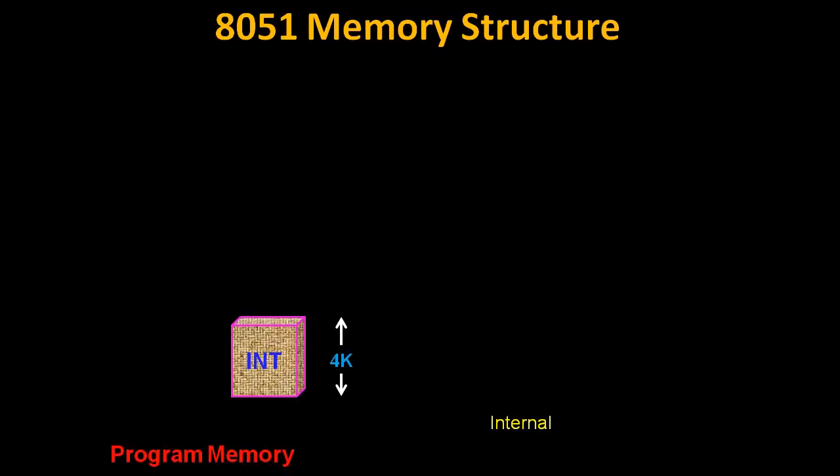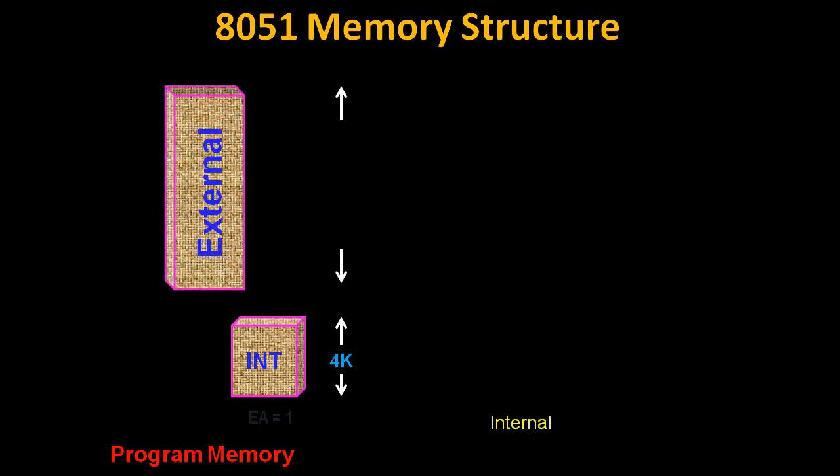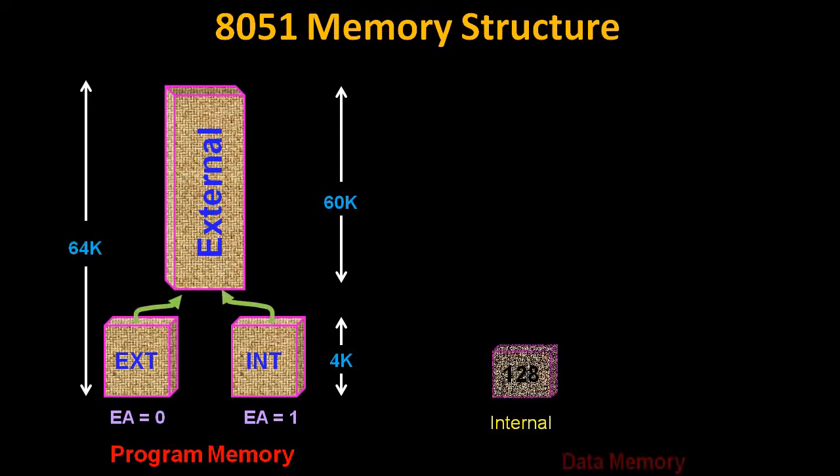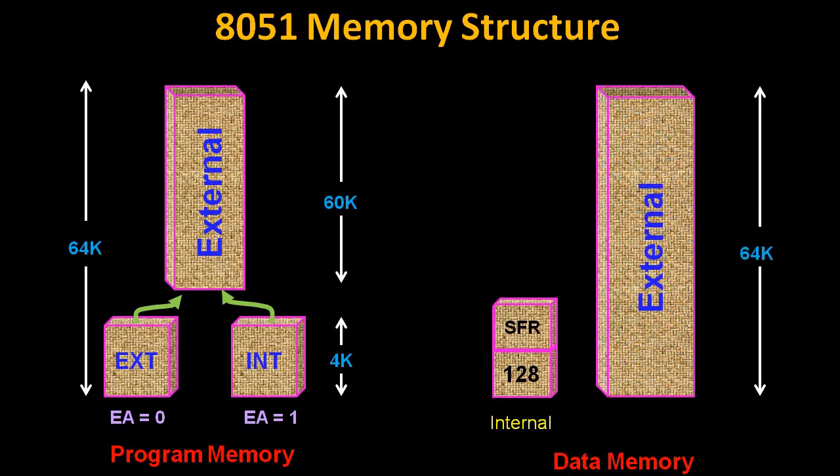Let's see the memory structure. There are two types of memory: program memory and data memory.